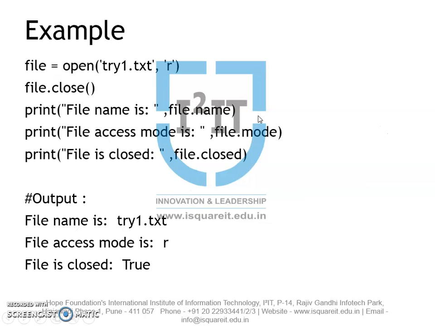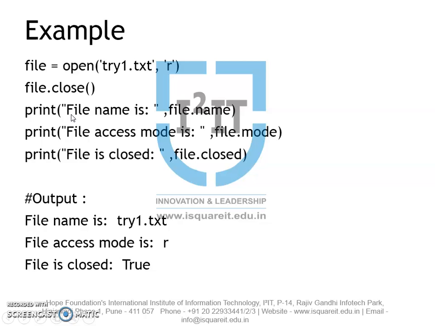So, we'll see some examples of this. Here we want to open a file. The name of the file is try1.txt. We are opening it in read mode and immediately closing the file, and then we use these attributes: file.name, file.mode and file.closed. We are displaying the name of the file, which is try1.txt, the access mode, which is R, and whether the file is closed or open.